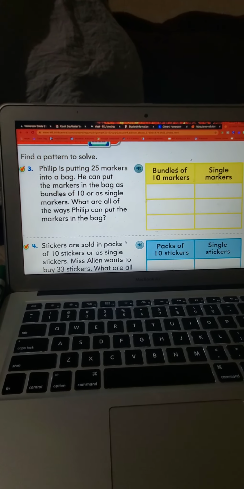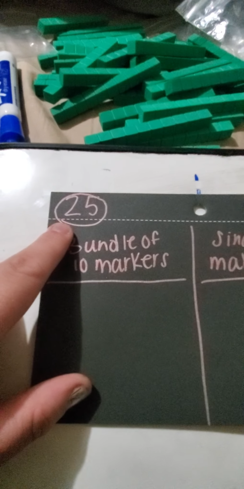So what they're saying is that they're starting with the number 25, right? He has 25 markers, okay? So as you can tell, I have a pack of markers. They're called metallic colored pens, but I think they're markers. I bought this and it has 8 markers in the box, okay?